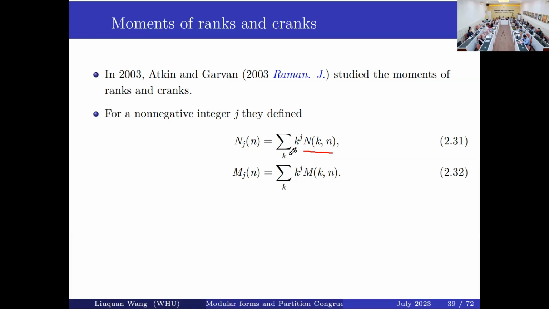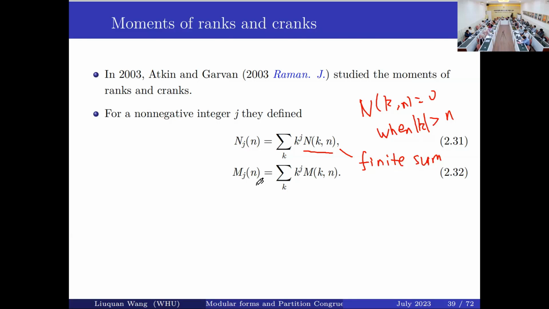Here k is over all integers, but this is actually a finite sum because of a simple fact: N(k,n) equals 0 when the absolute value of k is greater than n. So there is no need to worry about convergence, because it is a finite sum.